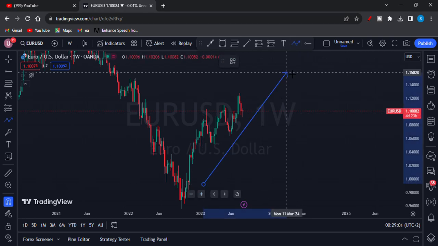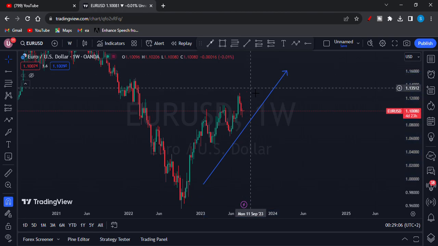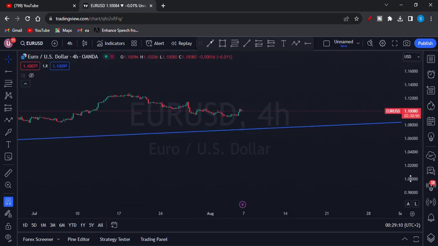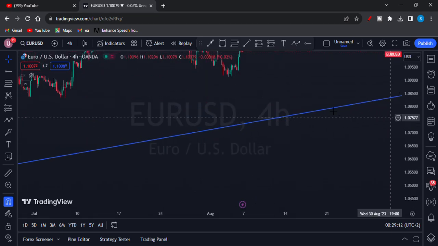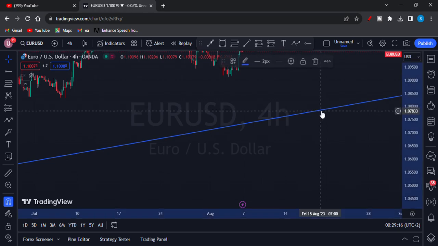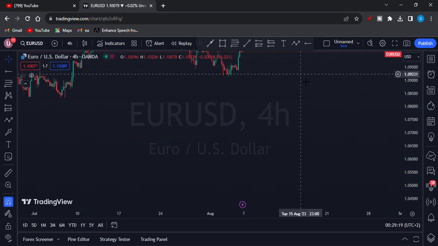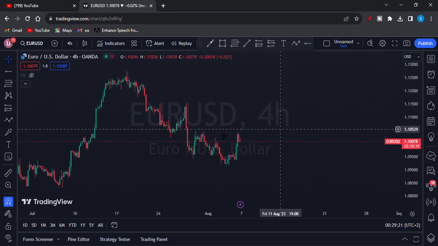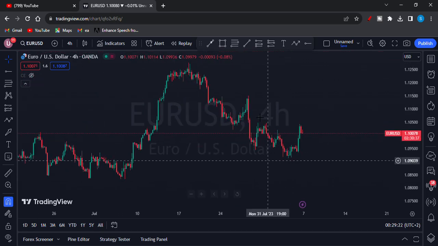On a weekly, we are on an uptrend. And then let's go to our 4 hour and find our zones. Let me take this out because it can be disturbing at times.